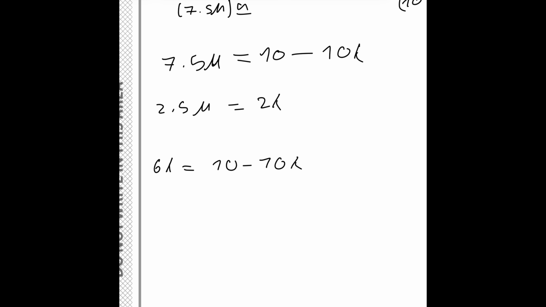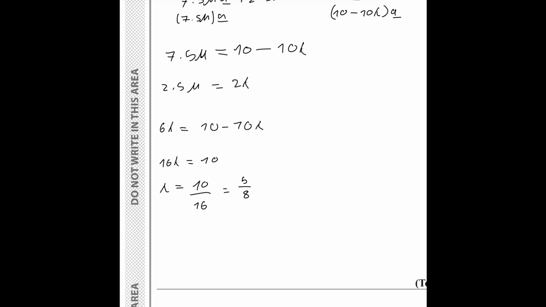Now you want to find lambda, so just rearrange. 16 lambda is equal to 10. That means lambda is equal to 10 over 16, which is 5 over 8. Just leave it like that.